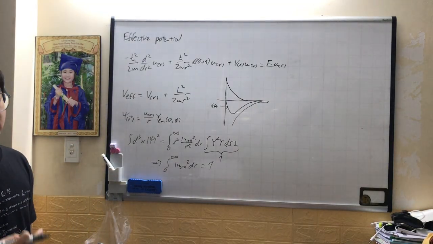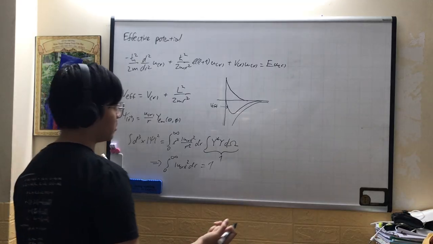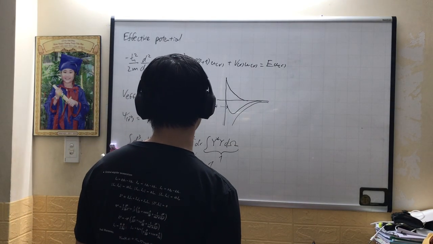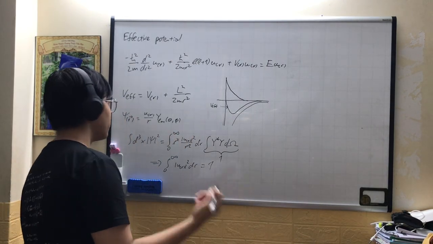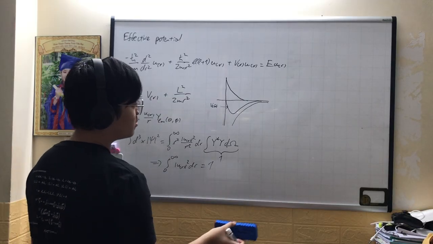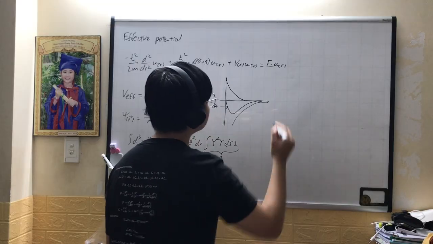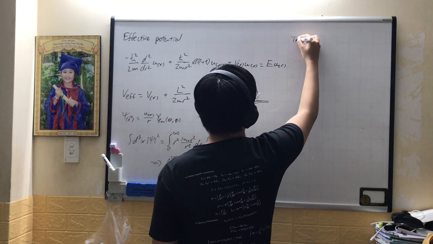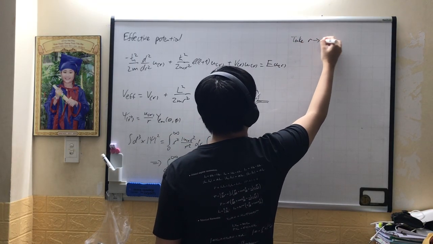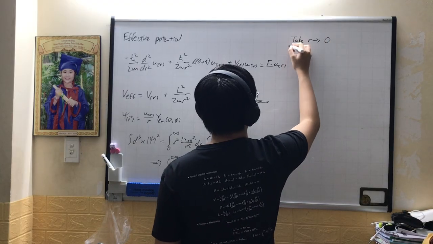Okay, so back to our Schrödinger equation. We want to see its behavior at the origin, so we take r and let that go to 0.